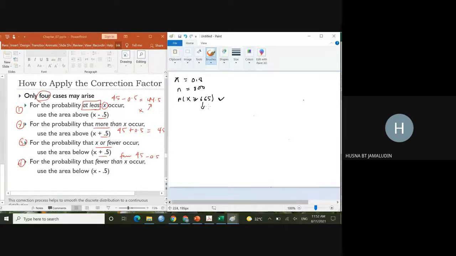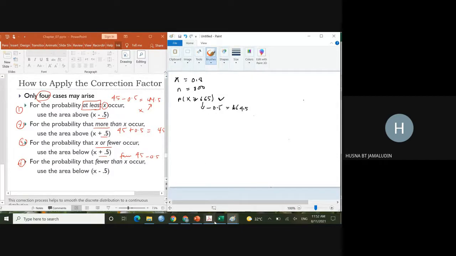So 665 minus 0.5, and you will get 664.5. This will be your new value for X because of the approximate binomial condition.